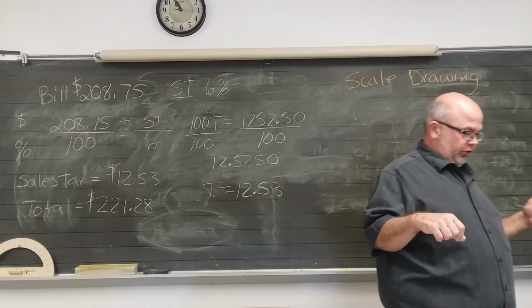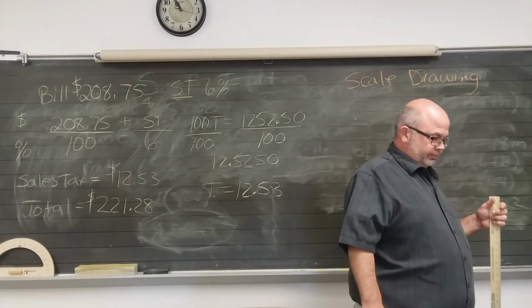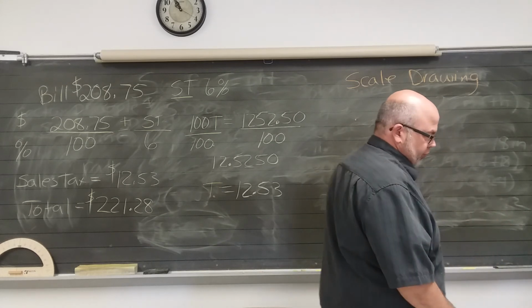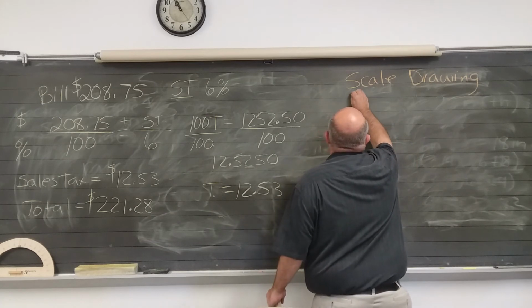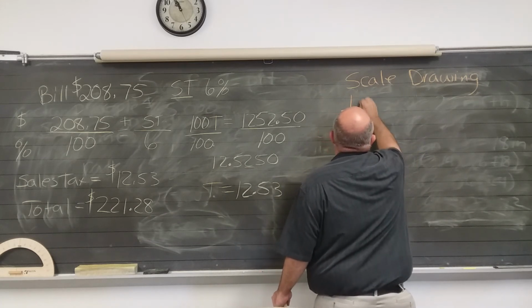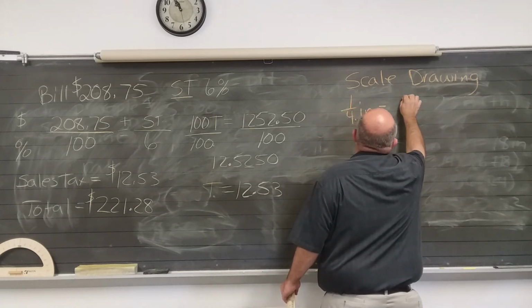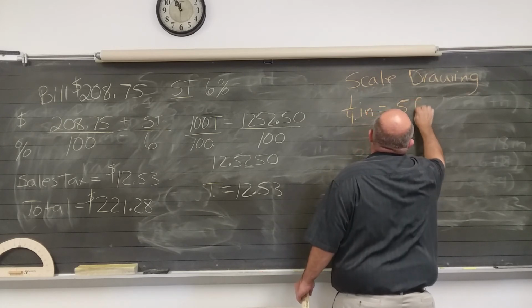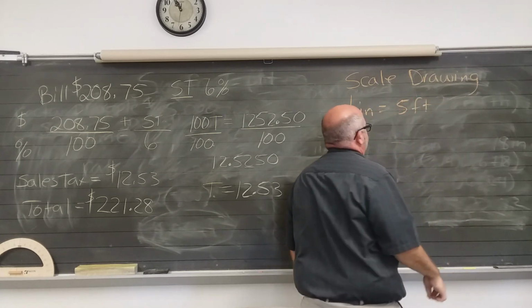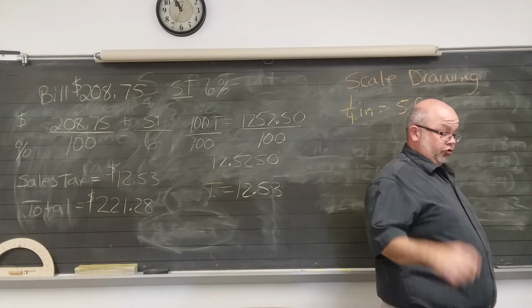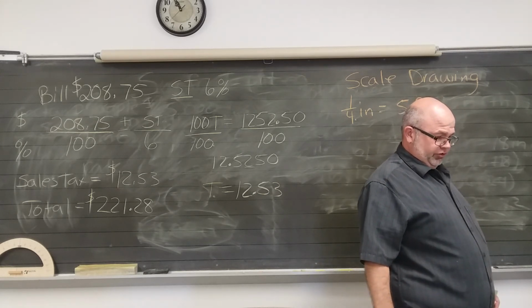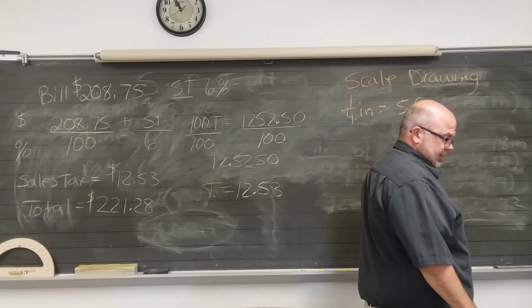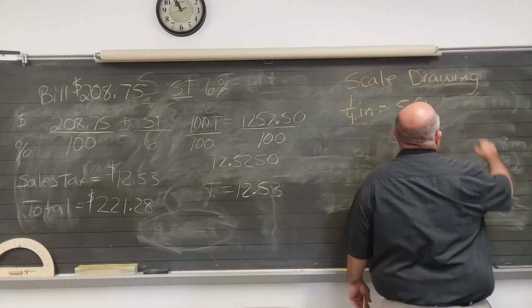So on this scale drawing, the scale is 1/4 inch equals 5 feet. All right? And your drawing length is 6 inches. So the drawing that you have is 6 inches by 3 1/4 inches.